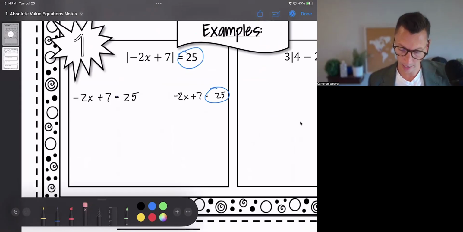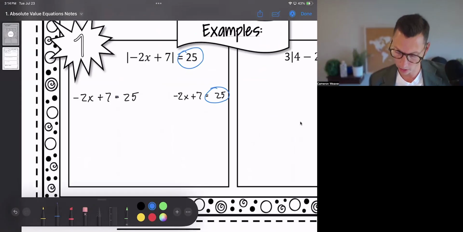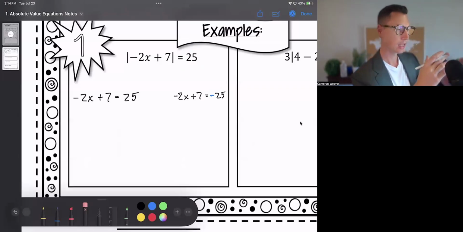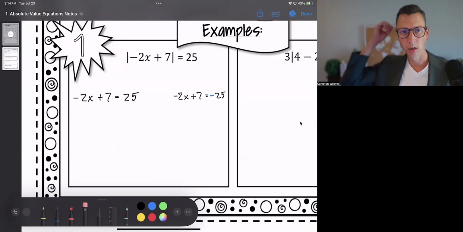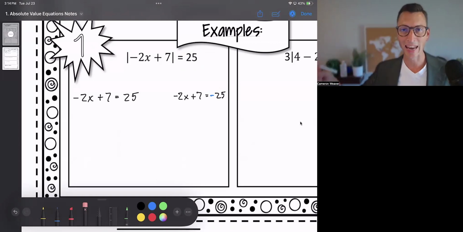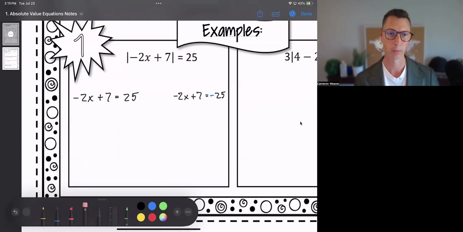The original will stay, but the second, this is the reason that we write it 2 times, is going to take a negative. So you should have one equation that is exactly identical, and then your second equation should be equal to the negative of that number, whatever the equation is equal to. Okay, so here it's negative 25 that we're going to equal it to.